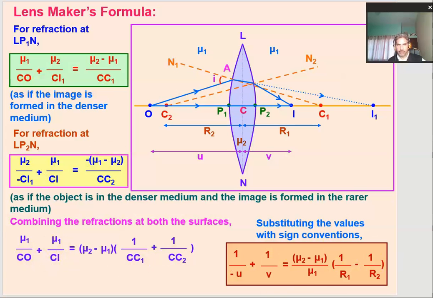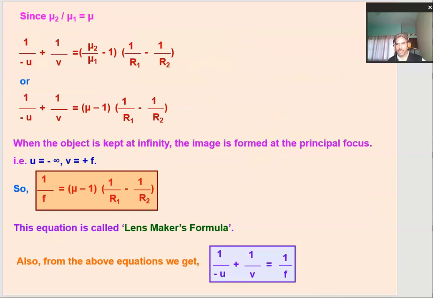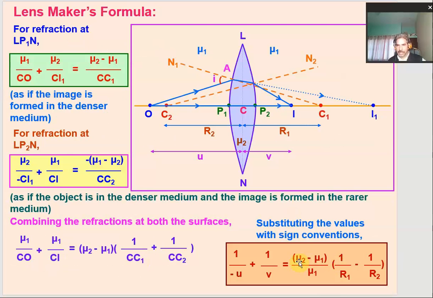Now the next step towards the lens maker formula, we are simplifying this. On this side we are dividing the numerator by the denominator mu1. So we are dividing mu1 by mu1, so it is mu2 upon mu1 minus mu1 upon mu1, which is 1.